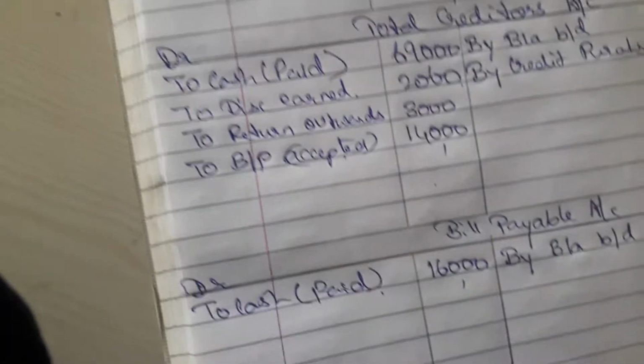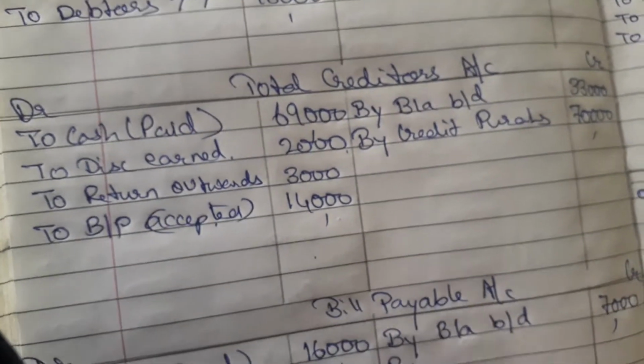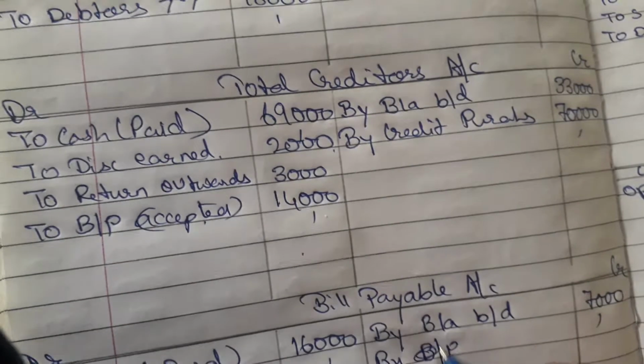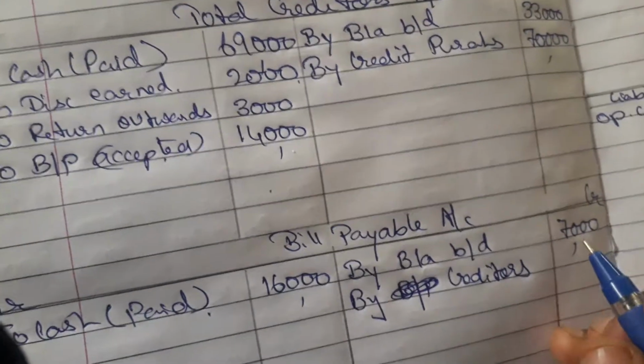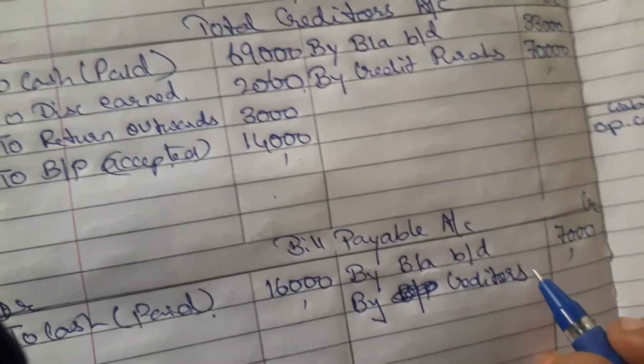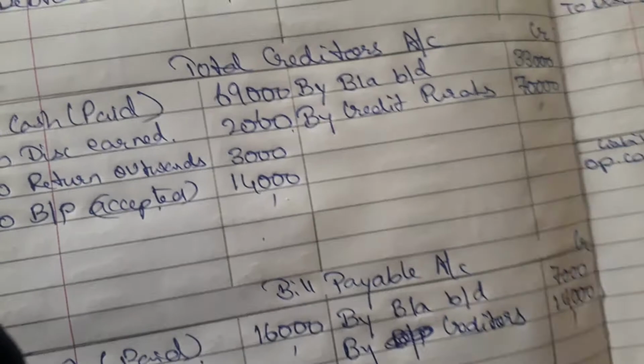And where it will go the other effect, we have to write from which account we are taking it. We are taking it from creditors account. So by bills payable, by creditors. So that is what we have to write, 14,000. Clear with this?